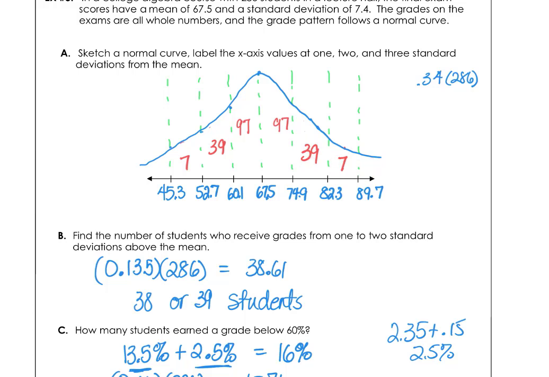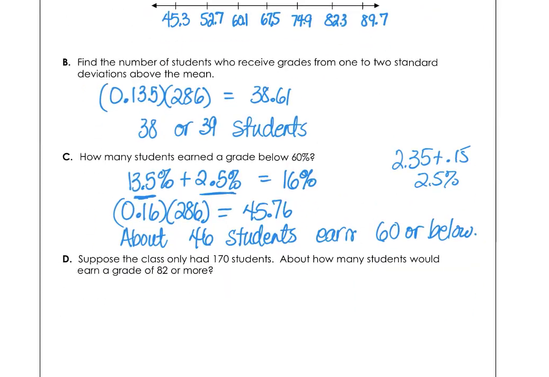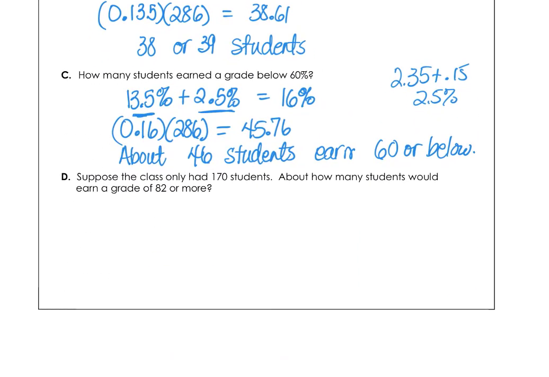So we're 2 standard deviations plus that little bit of a tail. It's going to be similar to part C. So we would have 13.5% plus 2.35 plus the little tail of 0.15. So again, that's the 2.5%. So we're still looking at 16% of the population.